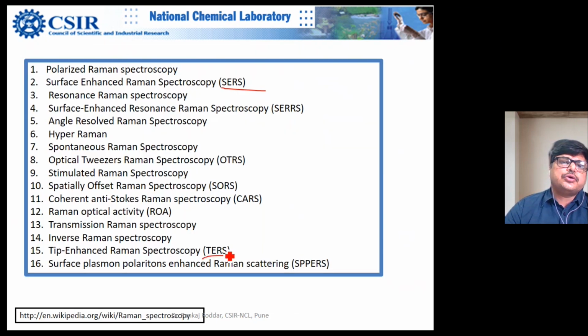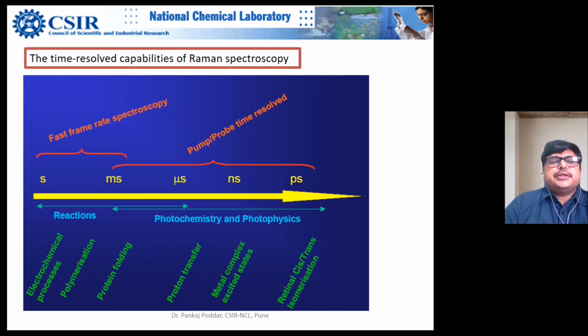All these Raman techniques are static Raman. You are collecting data over a time window that is very large in comparison to the atomic transitions, so it gives you averaged out information actually.